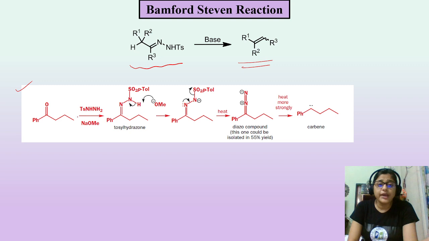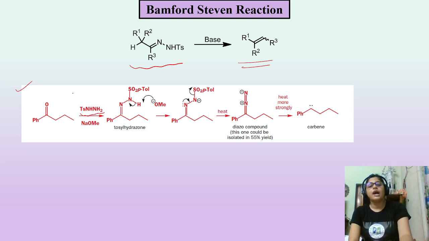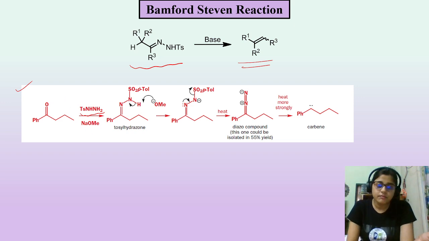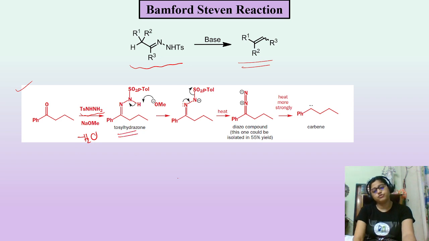So when TsNH-NH2 is present, this is the substituted hydrogen, and this will react with the carbonyl, water will be removed and this will form the hydrazone, the tosyl hydrazone.